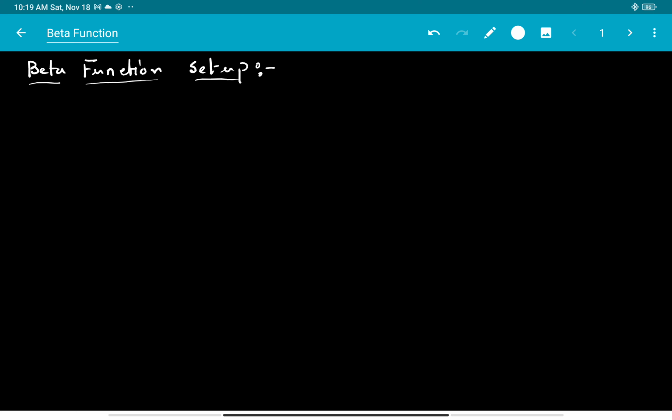So the definition of beta function is mathematically written as follows: beta of L comma m equals the integral from 0 to 1 of x to the power L minus 1 times 1 minus x to the power m minus 1 dx.